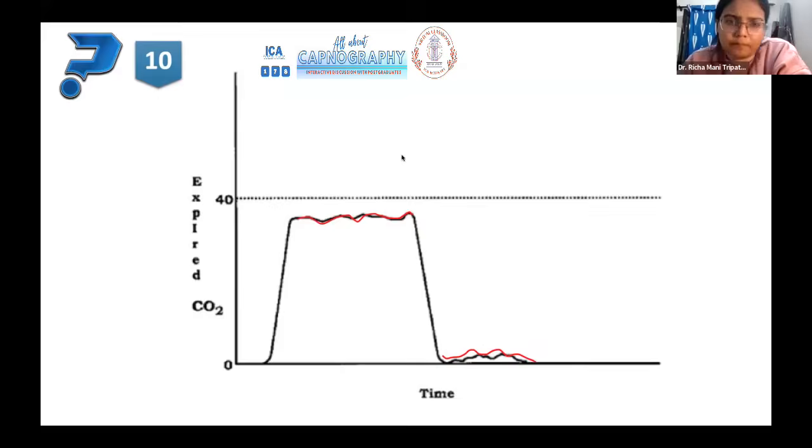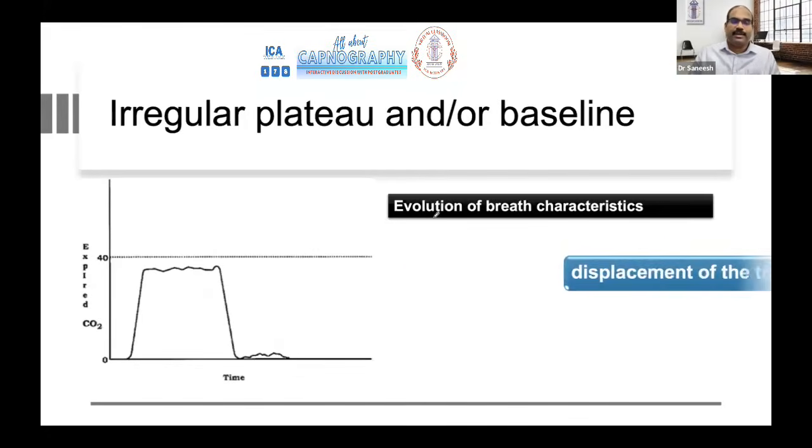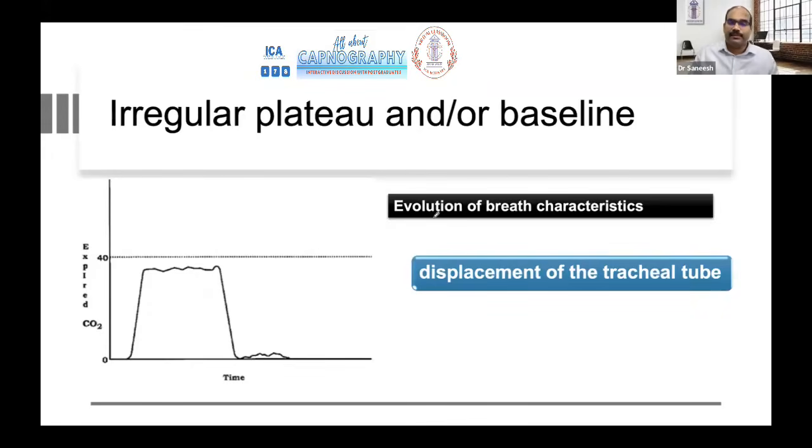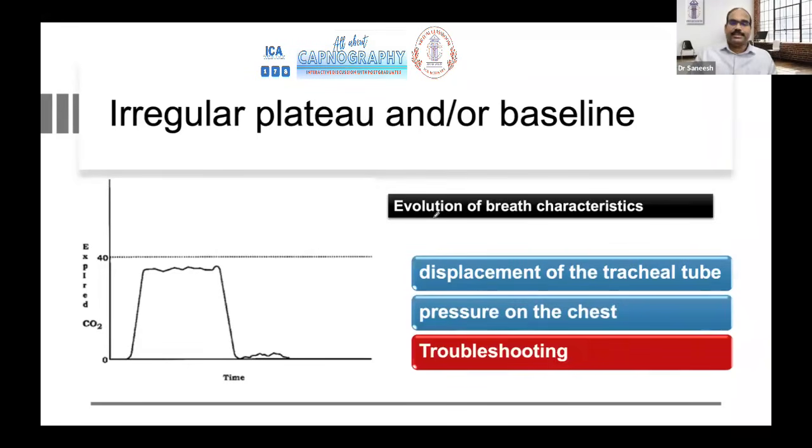Dr. Vrinda, any sampling error? Tube is accidentally going out? Yeah, sampling error, because the cuff is leaking, or the surgeon is doing some manipulation in the chest, compression on the thorax, which can cause different rates of expulsion of carbon dioxide, pressure on the chest, or a displacement of the tracheal tube, which is very common, especially in pediatrics, maybe an uncuffed tube going into the glottis.